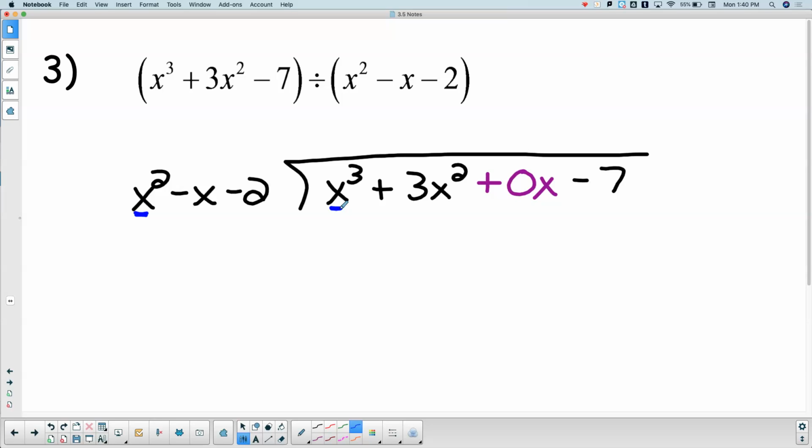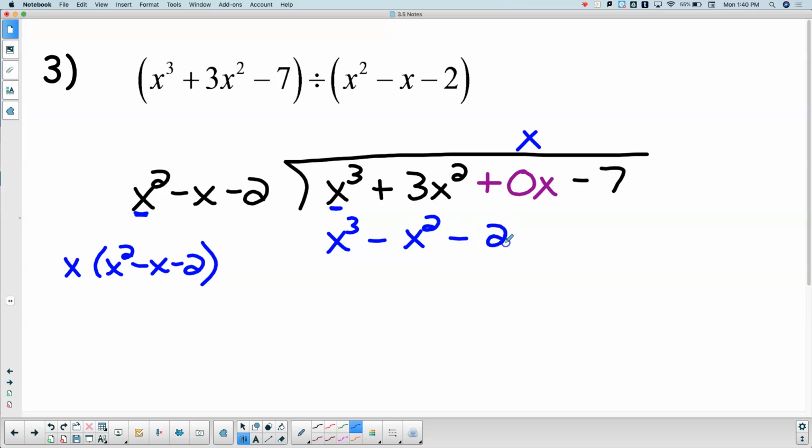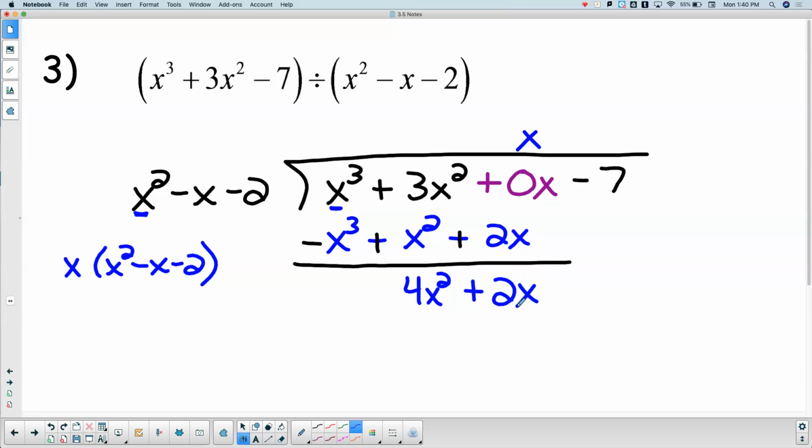X. Change the signs. Drop down the negative 7.